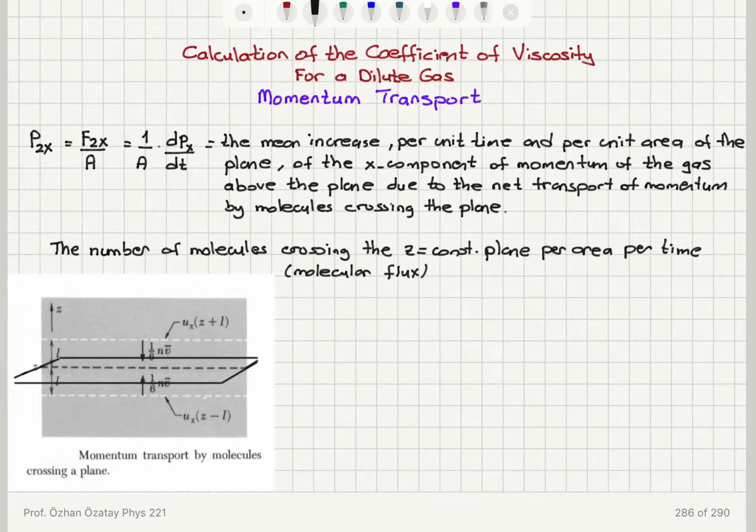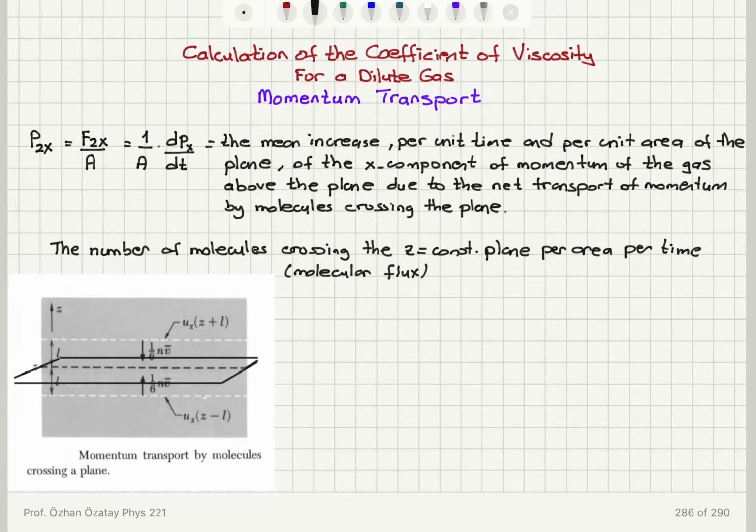This we can estimate basically by saying that all dimensions x, y, and z are equally probable, so we can have 1/3 of the molecules on average moving along x, 1/3 moving along y, 1/3 moving along z, and in the positive z direction or negative z direction we would have half of them, half of the molecules that have a z component of their velocities moving.